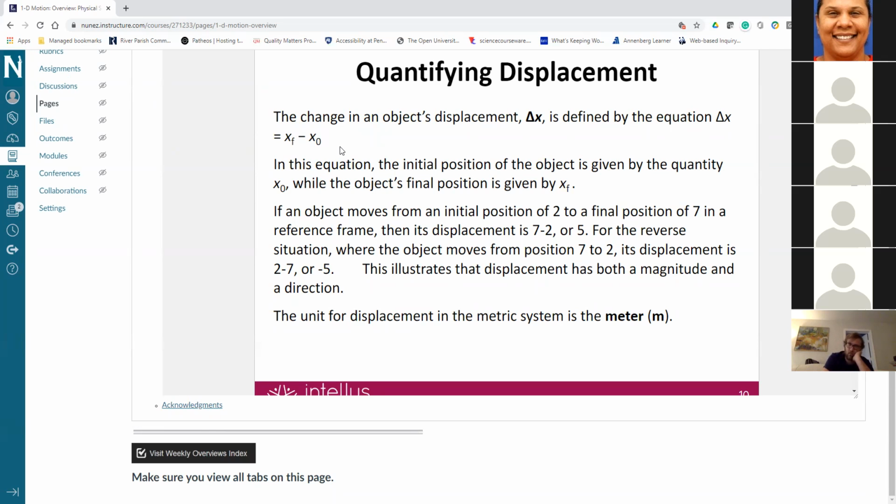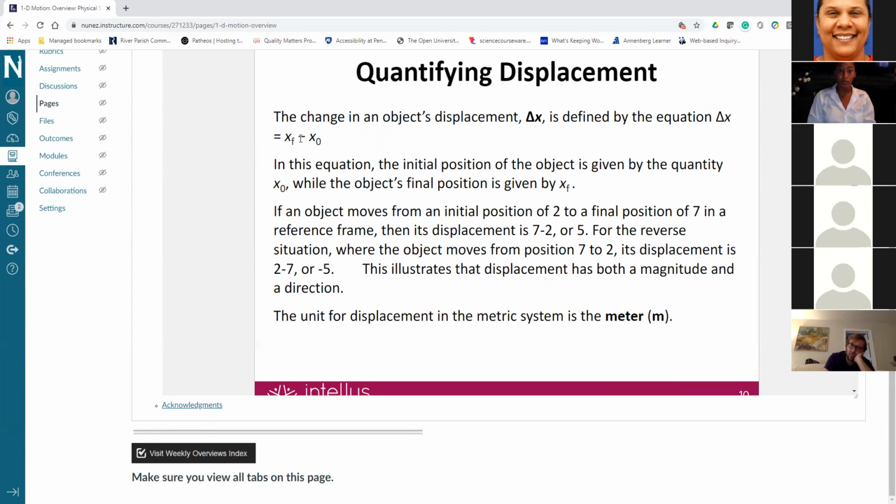Sometimes you see that used because they're trying to signify the position when the clock was at 0. So we say the final position, x with the subscript f, minus the starting position, x with the subscript 0.